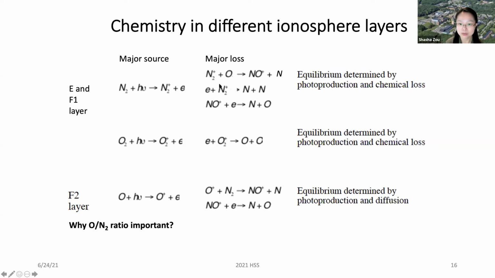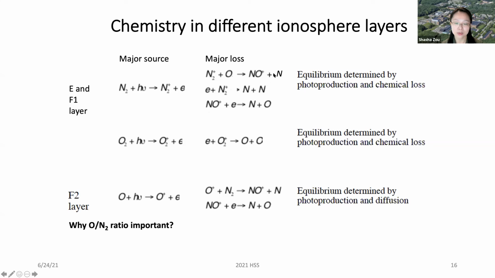The recombination process here, we call dissociative recombination. Those three equations are very fast chemical reactions. Compared with the first step, the charge exchange, these three reactions happen 5 orders of magnitude faster than the first one.